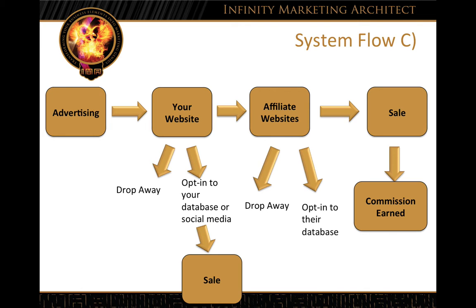If they drop away at that point and do nothing, so be it. That's the same as option B, they drop away. But if they go to your website first, you have captured that lead, and maybe you make a sale immediately. That can be a sale of that affiliate program or something you've developed yourself, your own little product. Now, don't worry if you think that starting to create your own product sounds a little crazy, too much, or overwhelming.